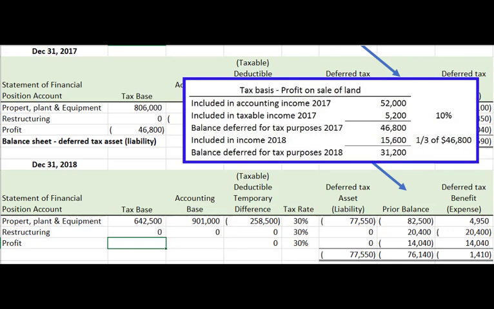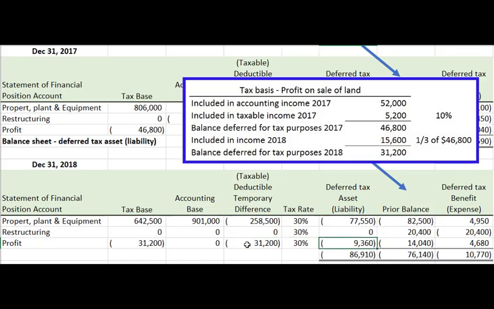And we can see the amount is $31,200. Accounting, we brought it all into income for accounting purposes. So we can see that there is still $31,200 that has not yet been brought into income for tax purposes.